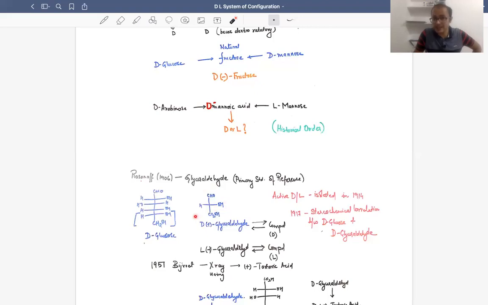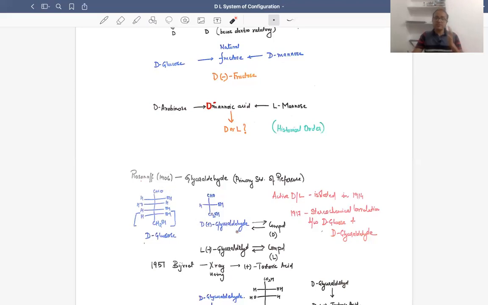It was guesswork that he did, but his guesswork was correct, which we came to know later, when the stereochemical correlation between D-glucose and glyceraldehyde was done. So Fischer's basis was also kind of valid now, because from D-glucose we were able to not directly synthesize D-glyceraldehyde, but rather indirectly show that D-glucose has a similar configuration to D-glyceraldehyde. That's how it was established in 1917, but this structure was proposed by Rosanoff in 1906.